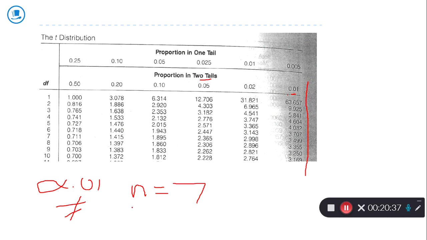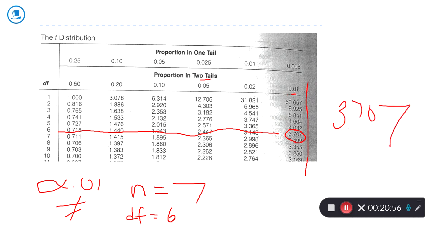Now n equals 7. We need the degrees of freedom. Degrees of freedom is n minus 1. So here degrees of freedom is 6. So reading across from 6, there we go. The critical value of t is 3.707. Now, as I said, this is scanned in, but it's formatted the same way as the one in Top Hat. Make sure you can find these two things using that table in Top Hat.